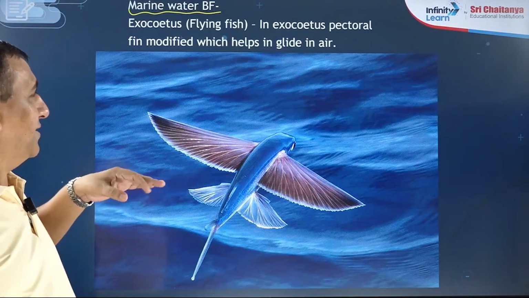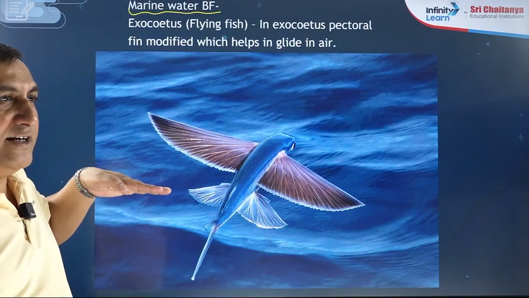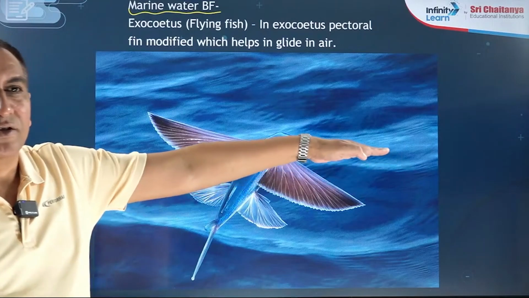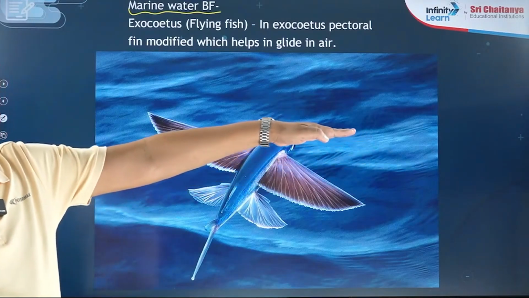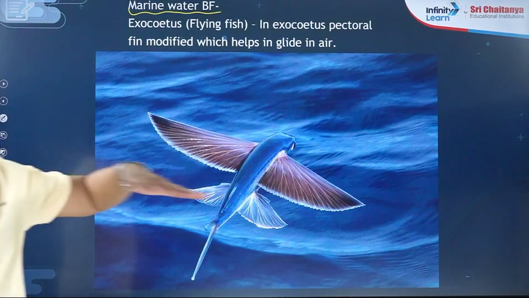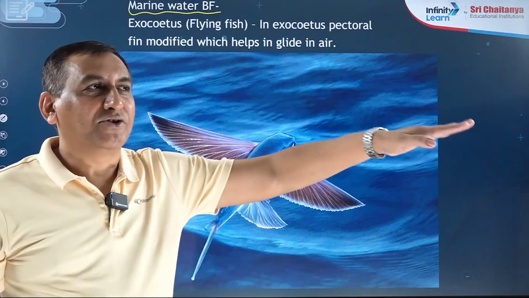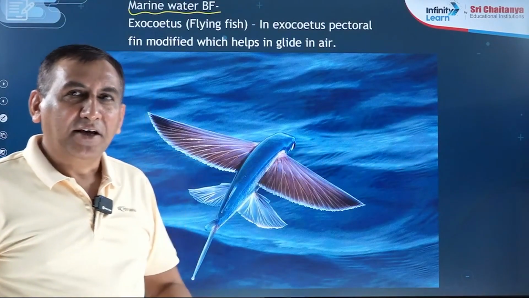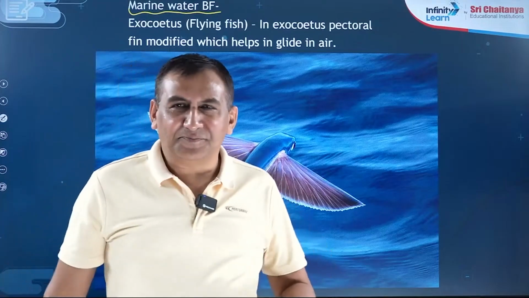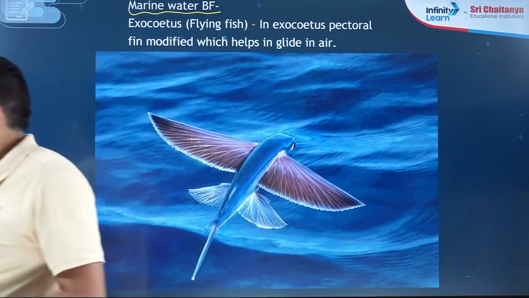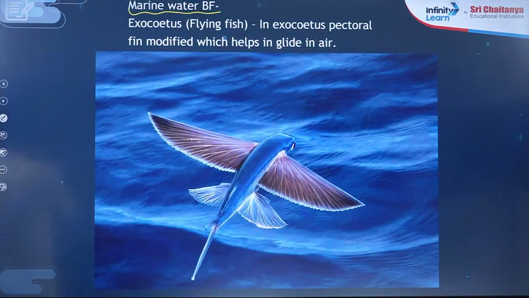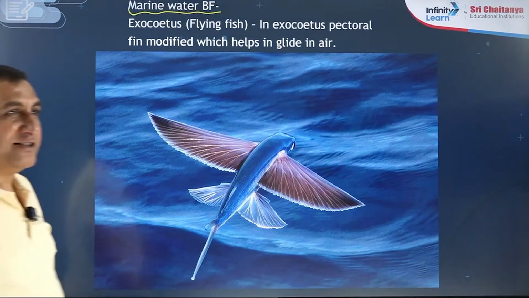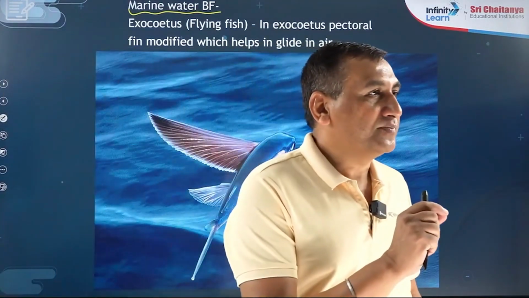It is gliding very fast on the water surface, so it looks like it is flying. Like if you run very fast, someone will say you are not running, you are flying. Exocoetus is known as the flying fish.